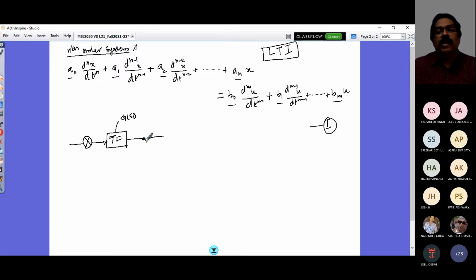This is called the summing point, and this is called a branching point. I take an output and give that again as an input. And this feedback, whatever I take from here and give to the input again, is why this control system is called a closed loop control system.